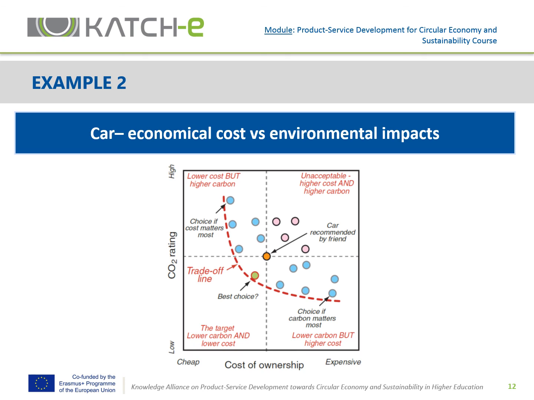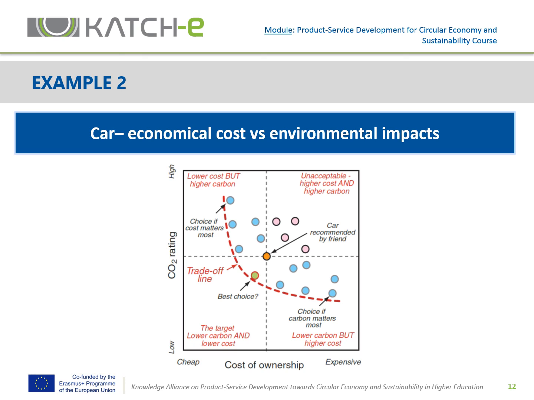The red dot is the car recommended by a friend, but as we can see now, it doesn't seem to be the best option. And finally, the green dot is the cheapest and the one that produces less carbon emission. So, it is the one which ranks higher in both objectives.